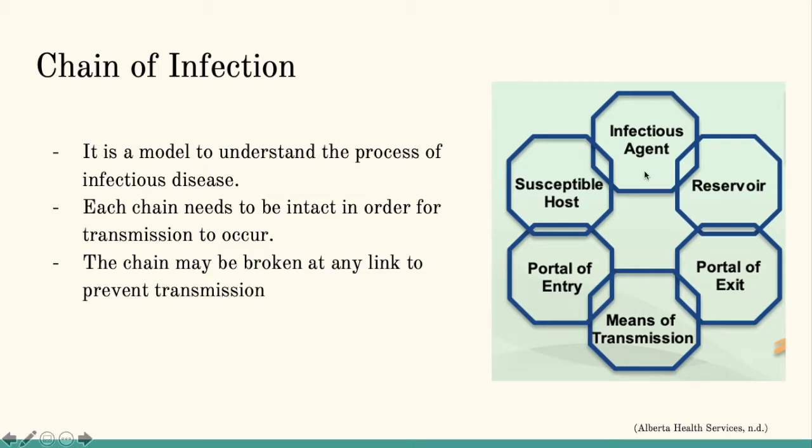The links are an infectious agent, a reservoir, a portal of exit, a means of transmission, a portal of entry, and a susceptible host. All of these links need to be intact to cause infection or transmission of a disease. If any one of these links is broken, that will stop the transmission from occurring.